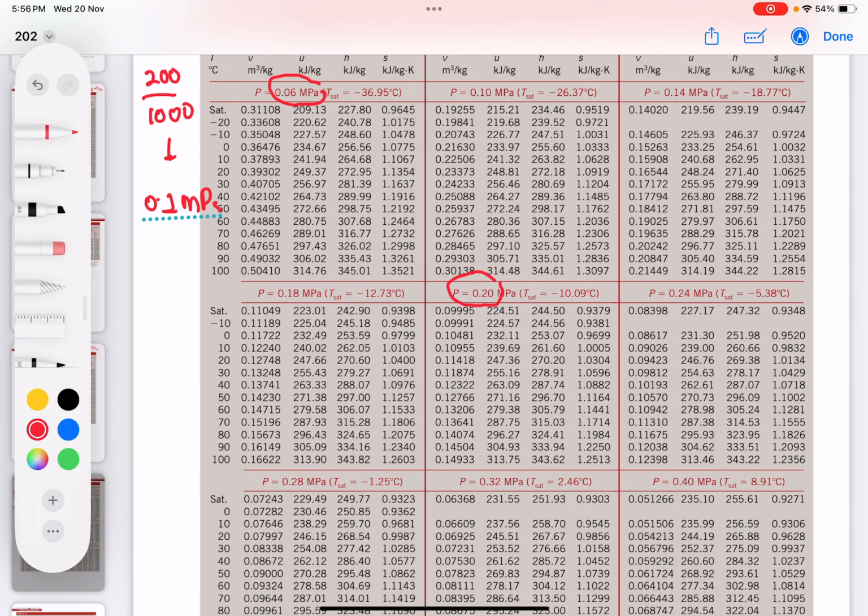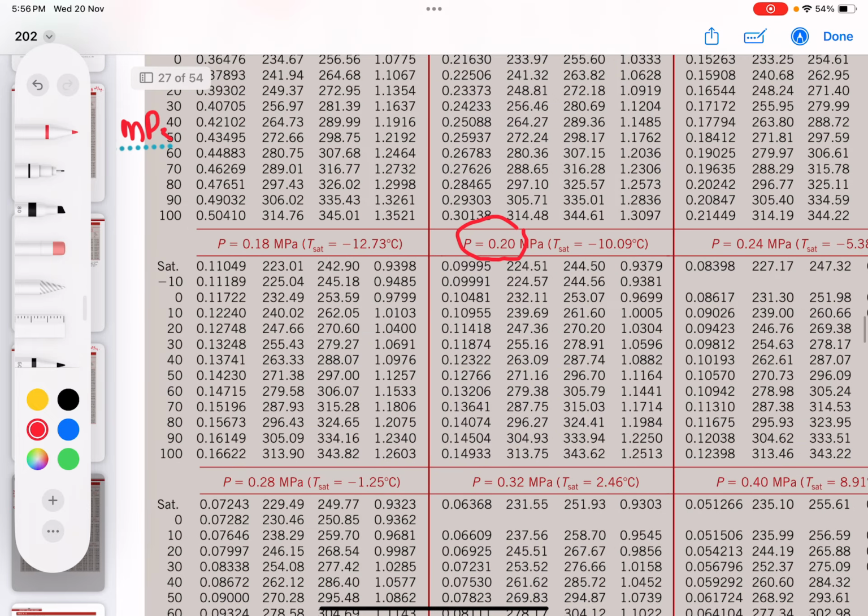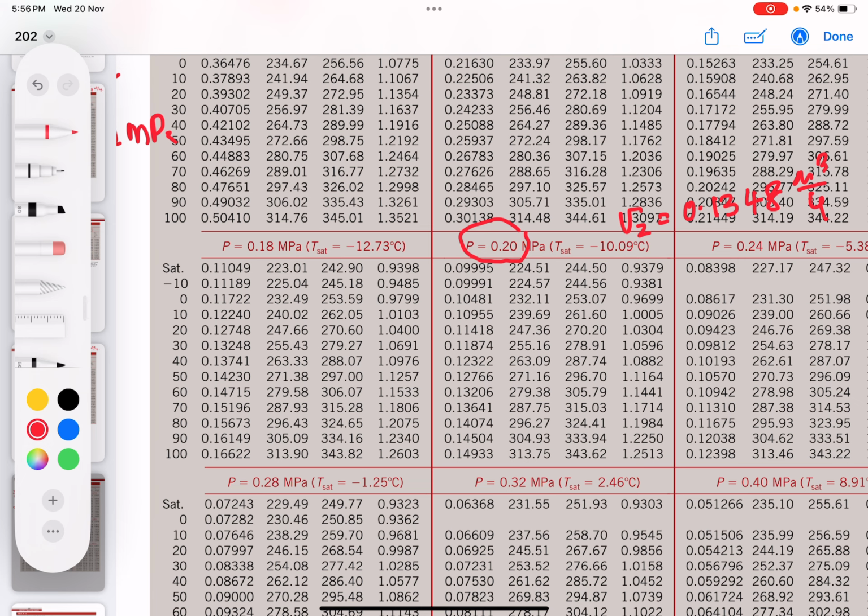And then my specific volume was equal to 0.1348. I'm not going to get an exact value. So here, my value was v2 equals 0.1348 from my previous calculation, so it should be located somewhere around here.